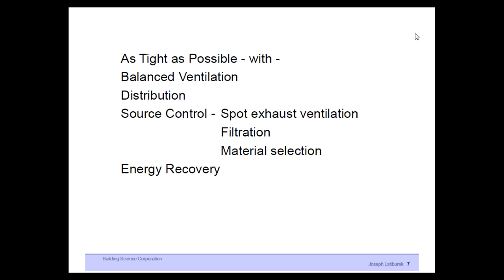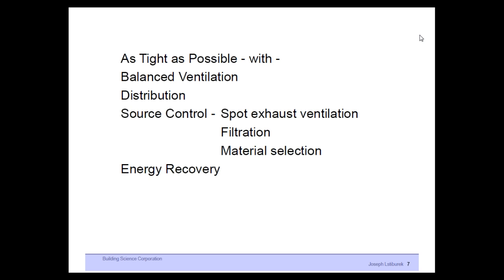So build as tight as possible with balanced ventilation. That's where the engineering side of our firm, in our experience, has ended up: as tight as possible from a practical perspective seems to be the 3 air changes per hour at 50 pascals, the 0.3.